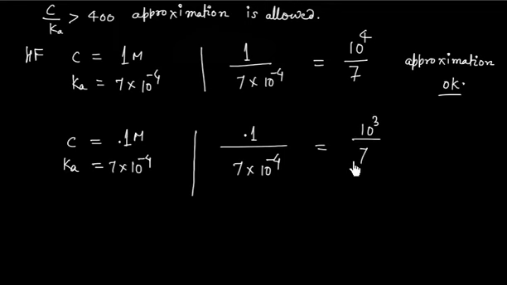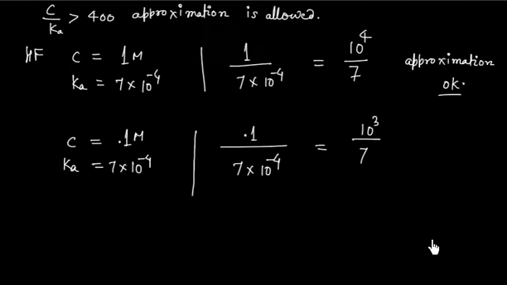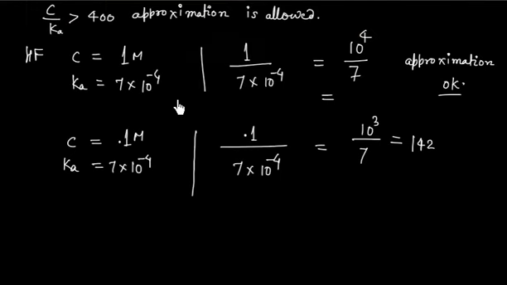I can use my calculator. 10 to the power 3 is 1000, and this divided by 7 is 142. So this value is 142. And this value I can also calculate: 10 to the power 4 divided by 7 is 1428.